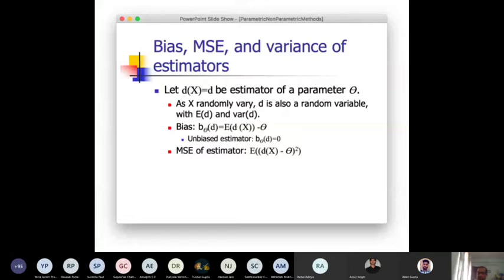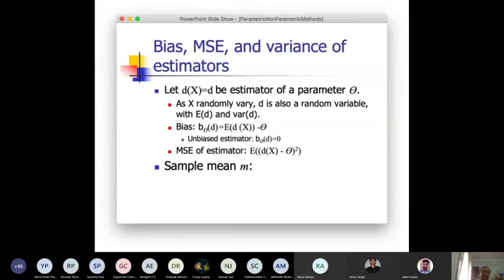Our direct concern is, on the average, what would be this error if there is a bias, or even if it is unbiased. So on the average, what would be this deviation from the true value of the parameter, right? So this is interesting, and these are the two things.